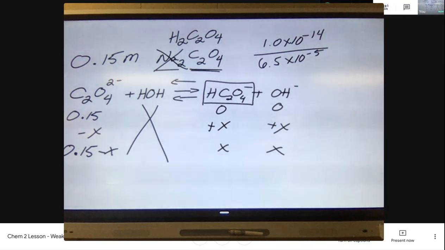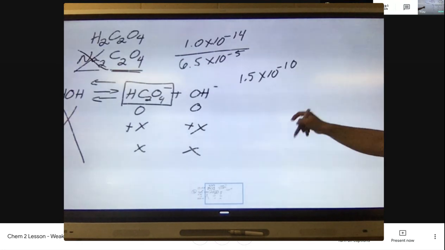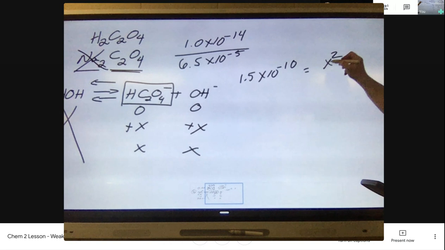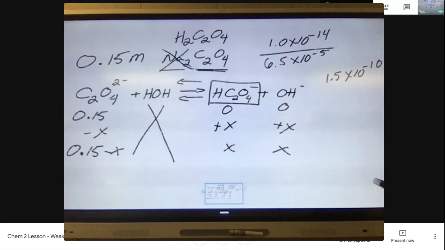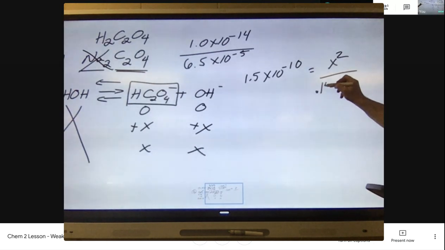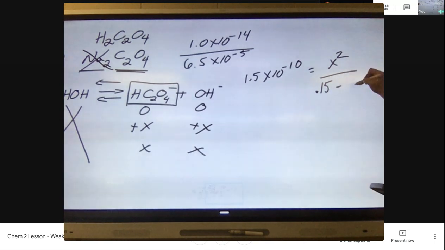So the Kb that we would use here is 1.5 times 10 to the negative 10th. That'd be x squared all over 0.15 minus x, small number, shank that, and then solve for x. Keep in mind it's a pOH that you would solve for first.